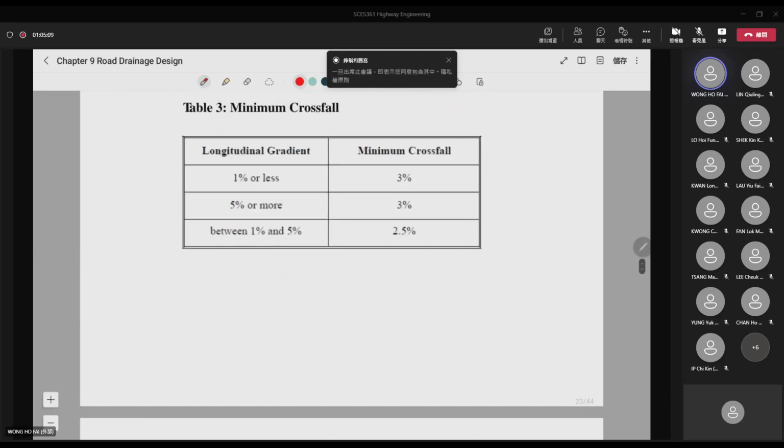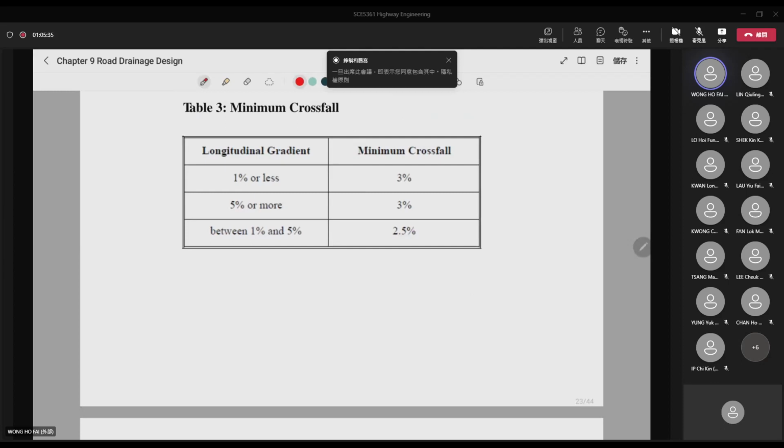So as you can see here, if the longitudinal gradient is 1% or less, then in the guidance notes we recommend that the minimum cross fall is 3%. And if the longitudinal gradient is 5% or more, we recommend that the minimum cross fall to be 3% again.